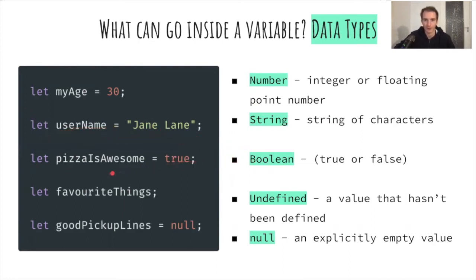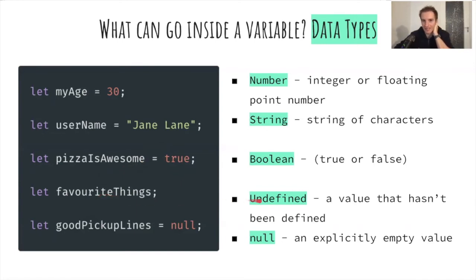We can put what's called a Boolean value, so that's like the letters true or false. This can also be thought of as 1 or 0, or on or off, yes or no. This comes up quite a lot. We'll talk about this in more detail in the next lecture.